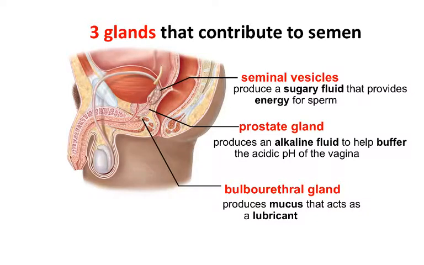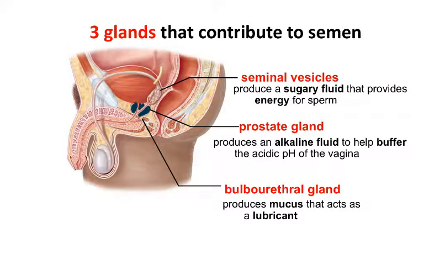So speaking of semen, in addition to sperm, you have 3 glands, each of which provides an important component. So the seminal vesicles produce a sugary fluid that is what is going to allow for all of the ATP regeneration required by the mitochondria for swimming. The prostate gland, which I'm going to outline here, is a midline structure, and it produces an alkaline fluid, so basic fluid.